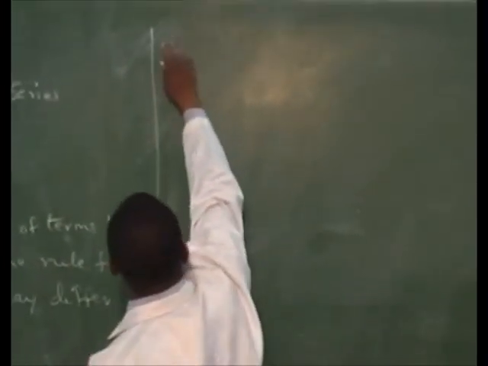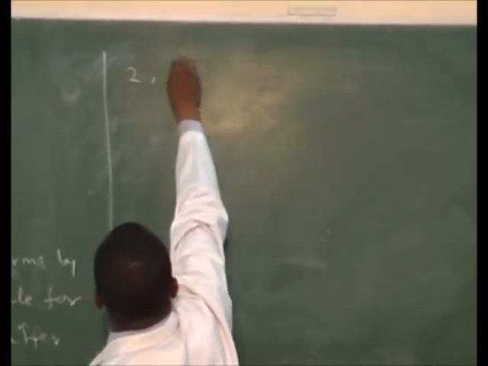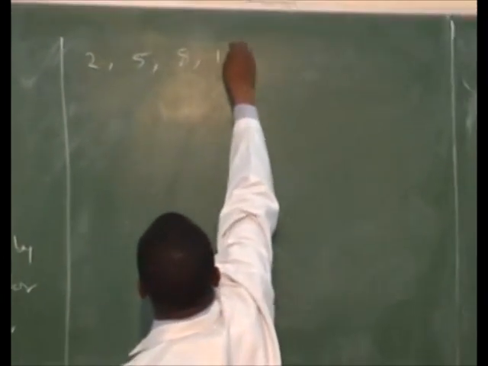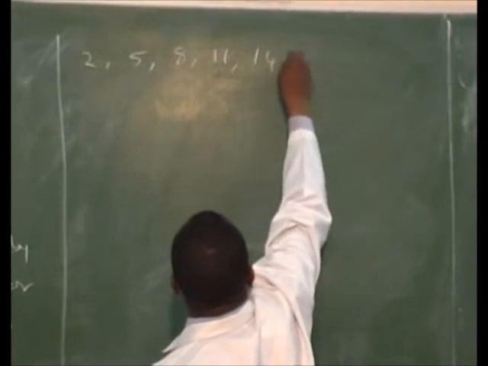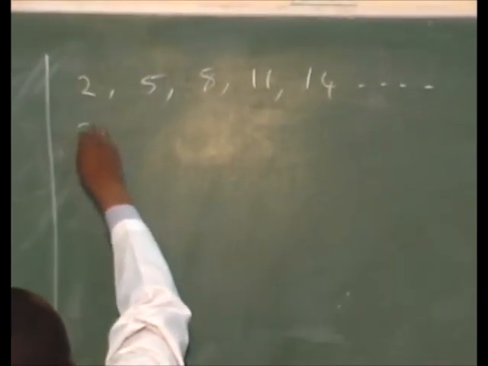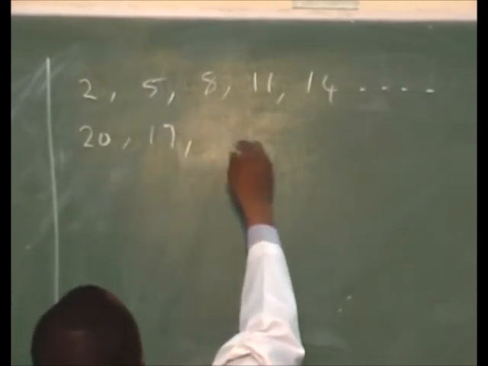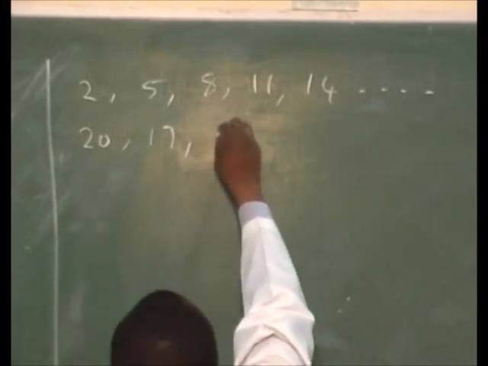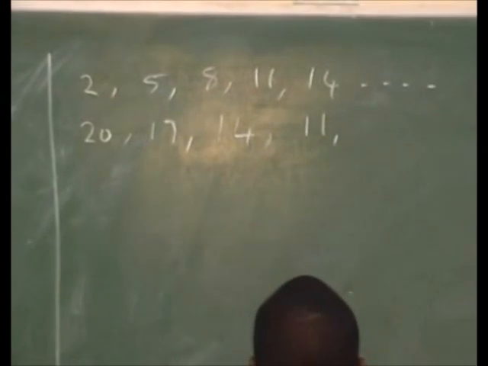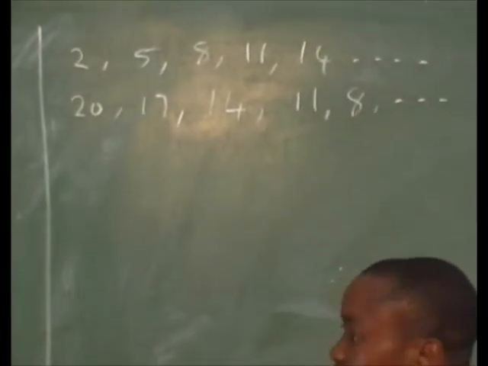We have 2, 5, 8, 11, 14. We can also have 20, 17, 14, 11, 8, and continue.